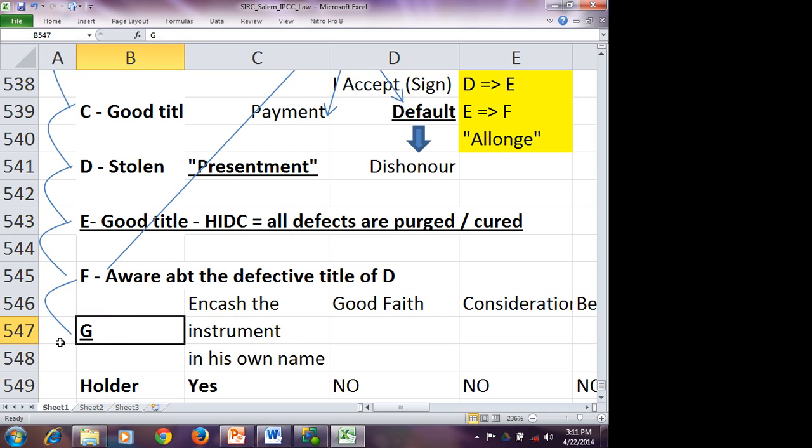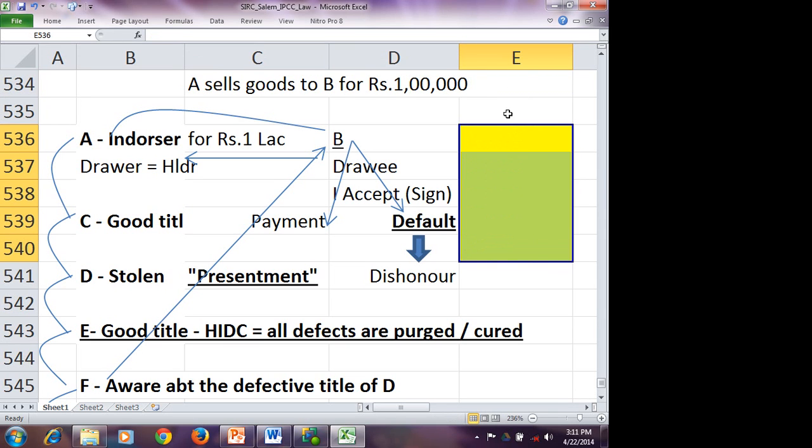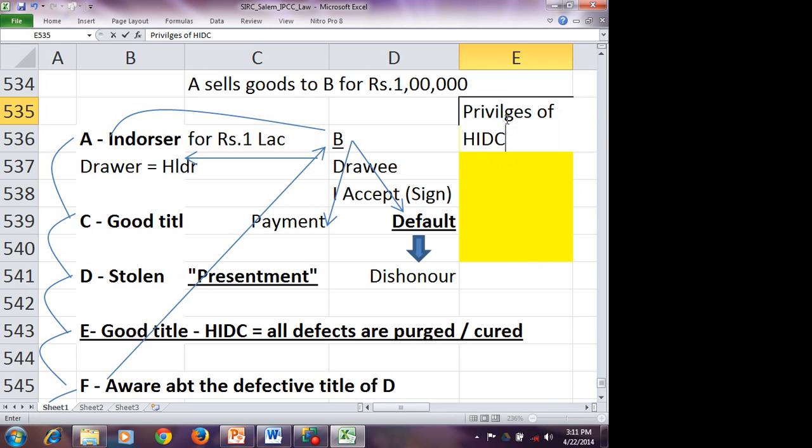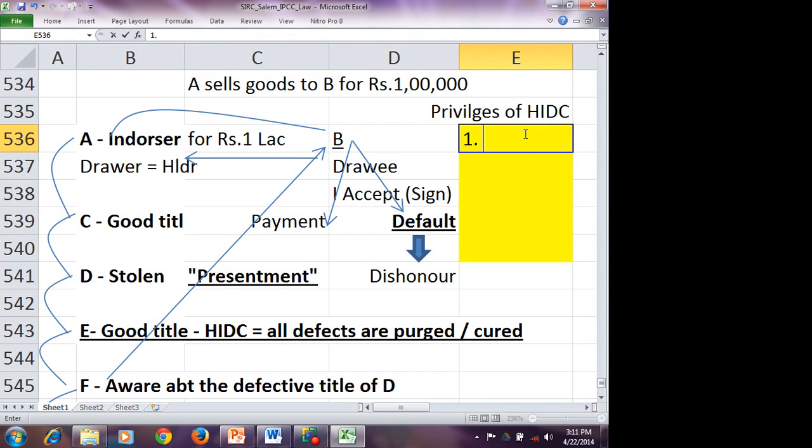So the first point is to remember who is a holder in due course. Second is to quickly remember all the privileges of a holder in due course. What are the quick privileges of a holder in due course? Very important. One is title. Rather than saying title, better title.